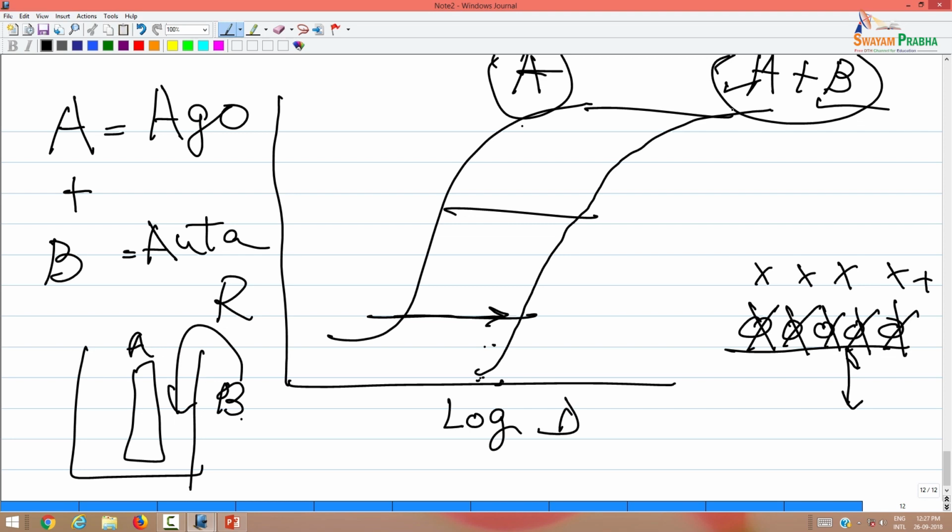And that means the effect of the antagonist can be surmounted, can be overcome by giving a high dose of agonist, and therefore this is called a surmountable antagonism, and this is also called a competitive antagonism.